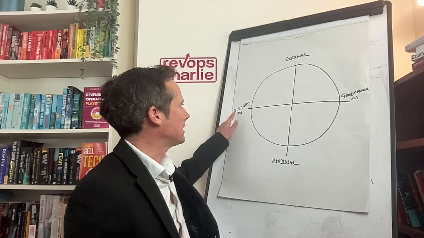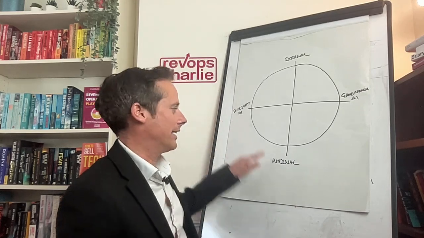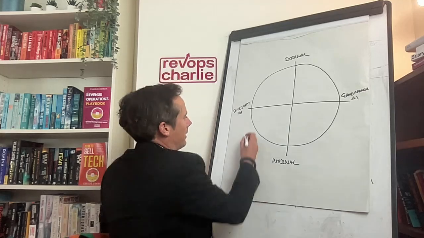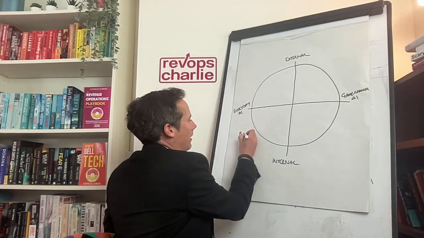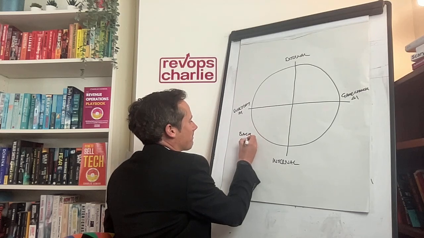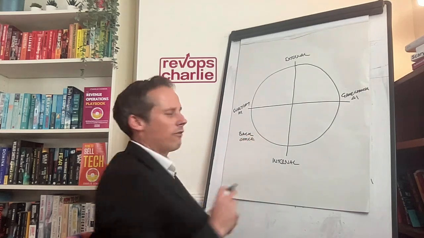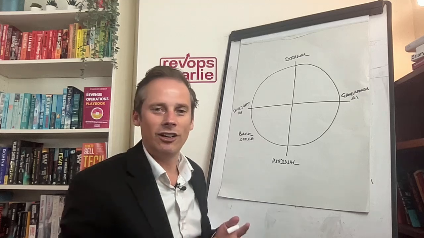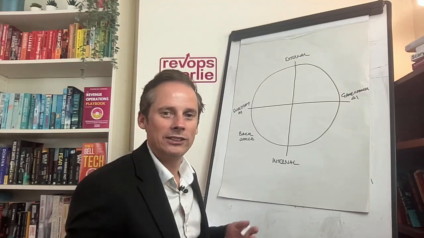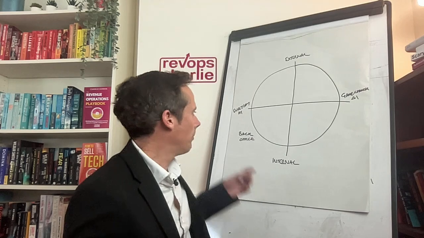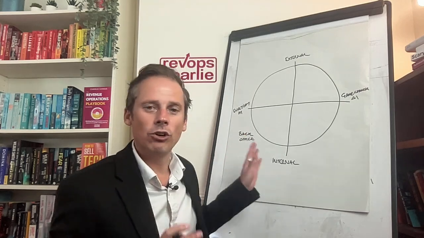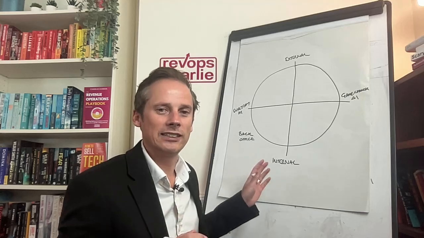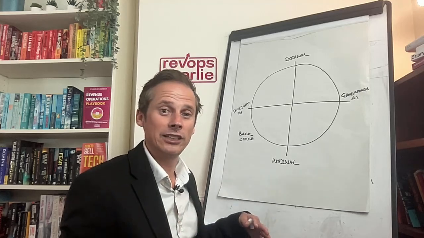So let's think about everyday AI and internal. Here we're really thinking about your back office: finance, HR, some operational processes, legal, purchasing. It's all of those systems and processes that happen within your organization.